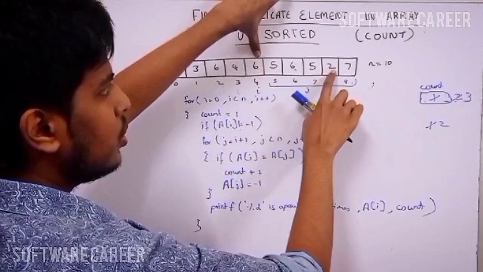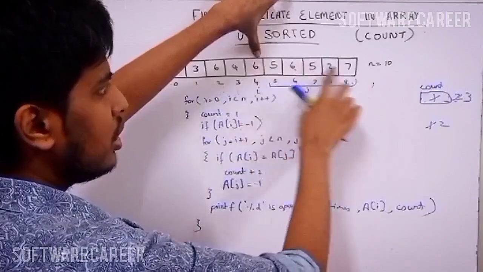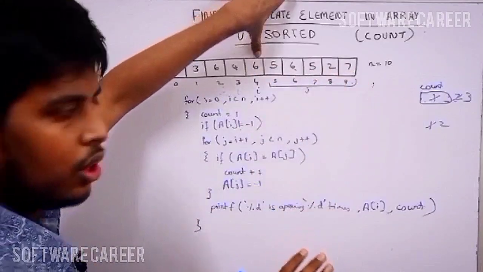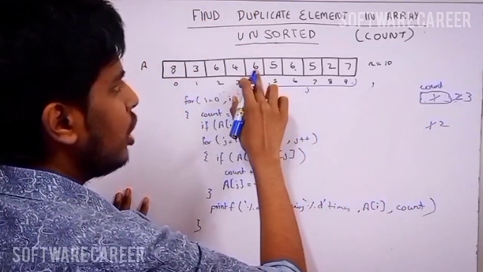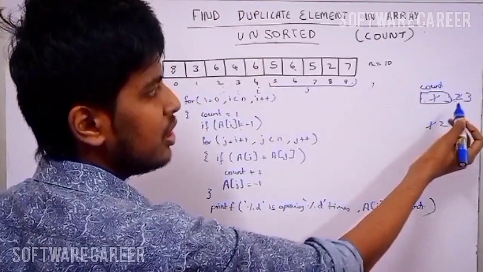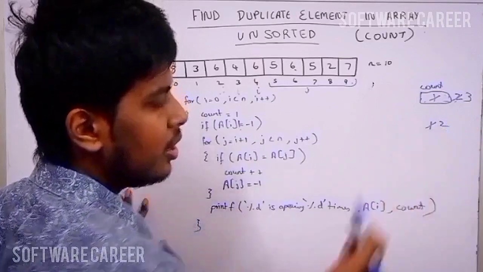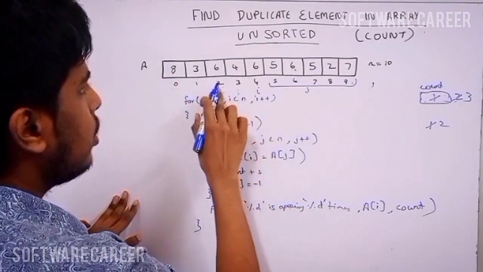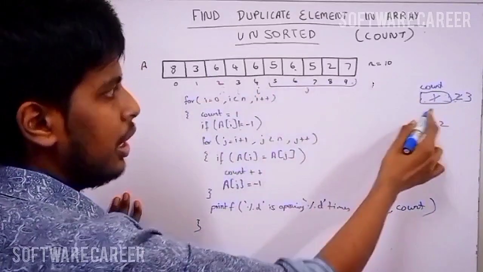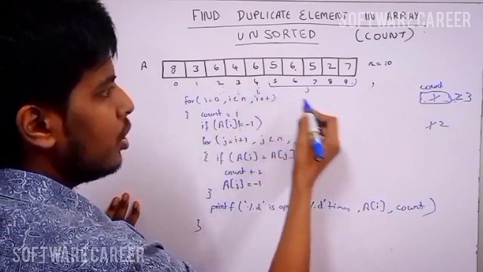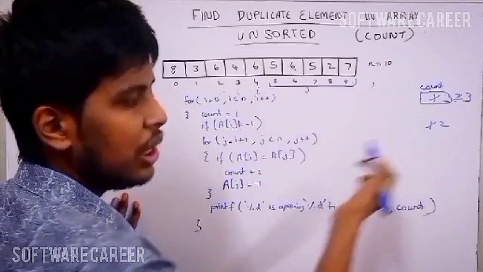No. Whether 6 equals to here? No. Whether 6 is present here? No. So in this case, the count value for 6 is 2. But in the first case you got 3, in the second case you got 2. When i is at 2, you got 6 is present 3 times. But when i is at 4, you got 6 is present 2 times only.